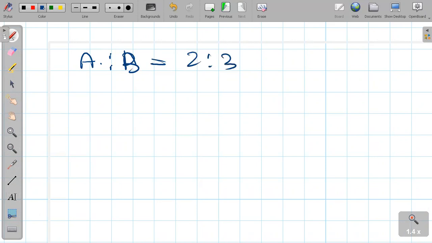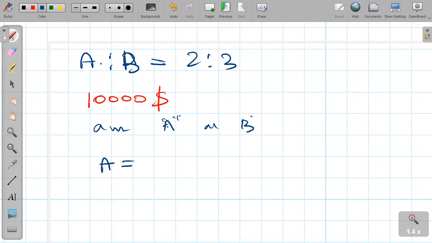If the total profit made is $10,000, how to get the amount A and B get? How to get the value of A? A's part is 2 over 2 plus 3 times 10,000. That's the same method applied there, isn't it?